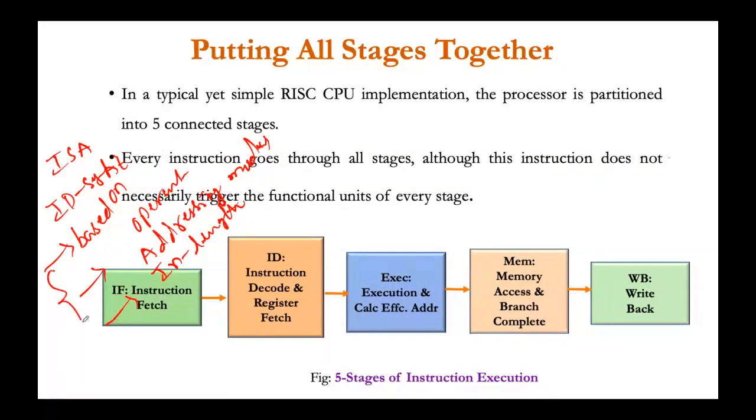Then we categorized these into CISC and RISC, and we took the example of RISC and how these instructions are executed in 5 stages. First the instruction is fetched, then decoded, then executed, then memory access happens, and finally the result is written back.